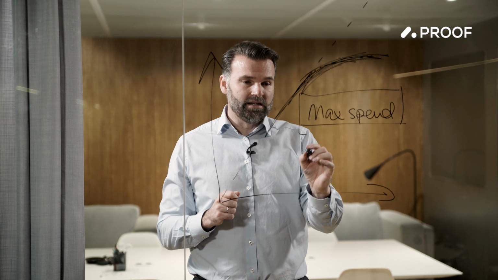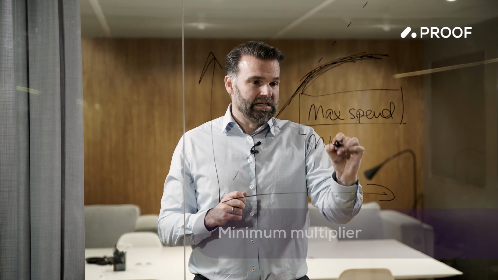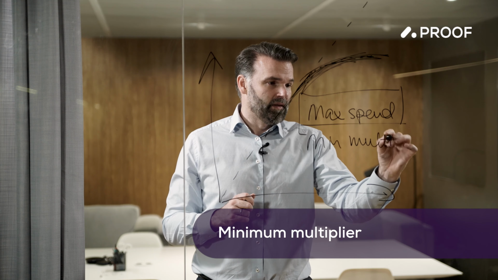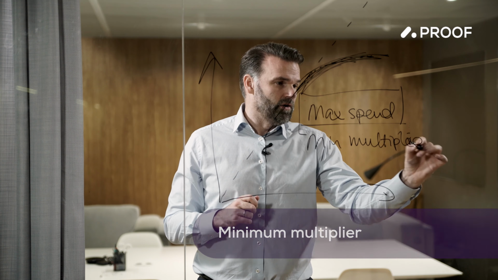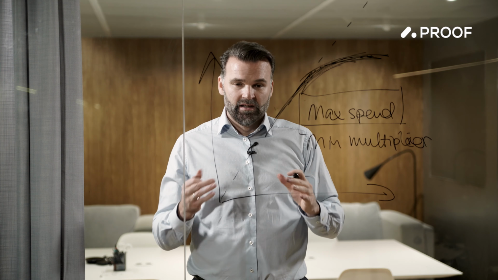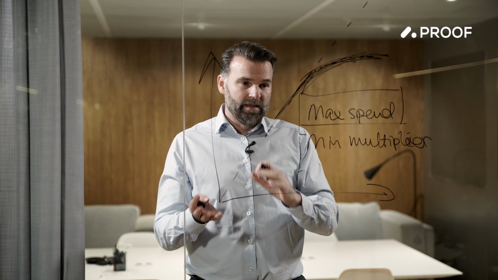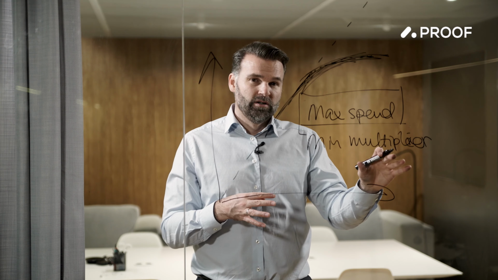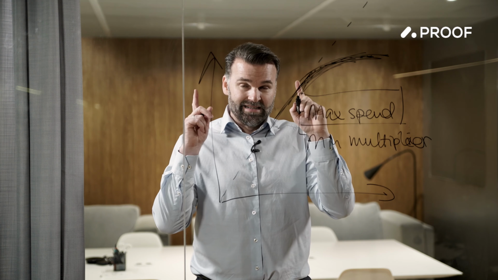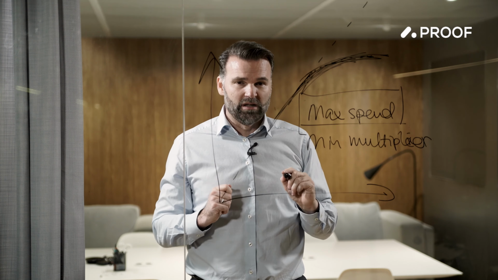The second constraint is a minimum multiplier. Depending on what you're selling and the kind of gross margin you have on your products and services, it allows you to have a certain multiplier as the lowest allowed multiplier.